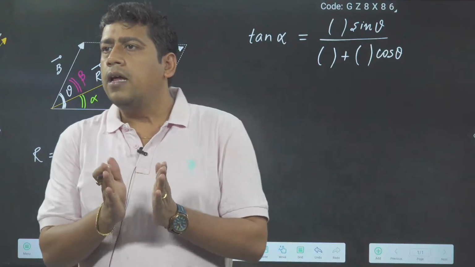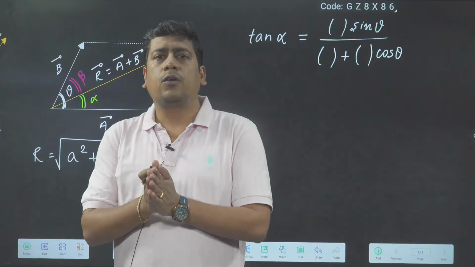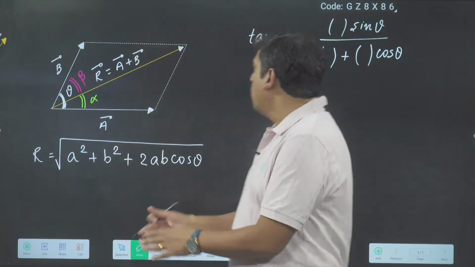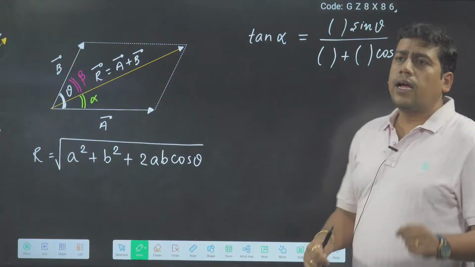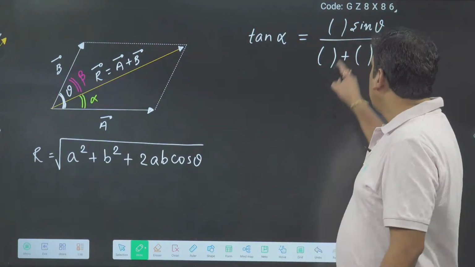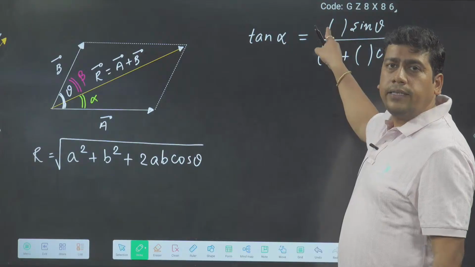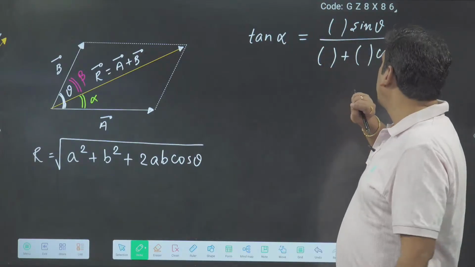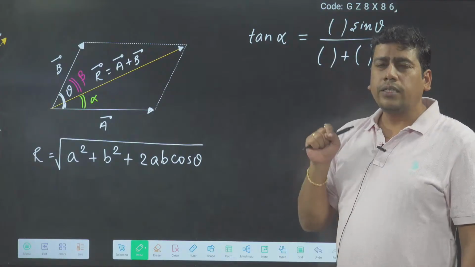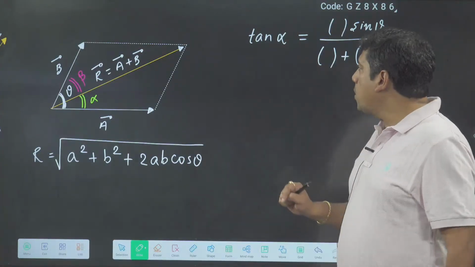Very good. Now tan alpha equal to something into sine theta divided by something plus something into cos theta. Here we have to put either A or B. Whatever you multiply to sine theta, the same thing you have to multiply to cos theta. And here the another thing will be alone. Last class I told you who will be alone?